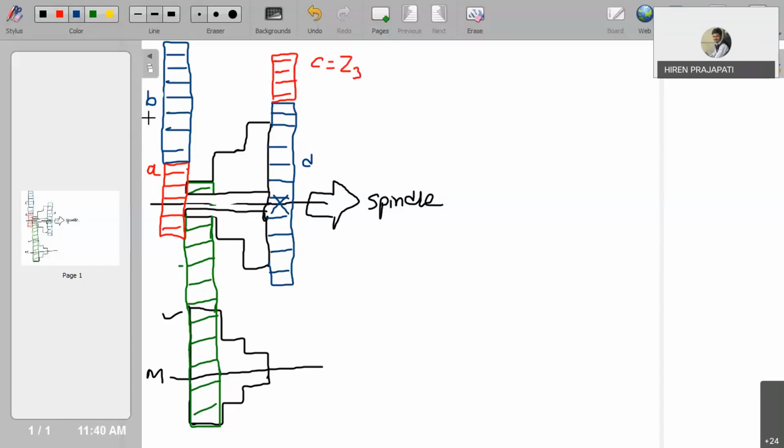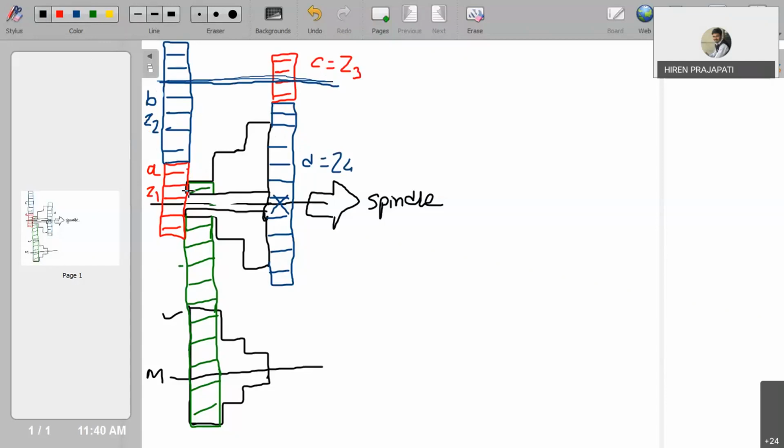B is having number of teeth Z2. A is having number of teeth Z1. So Z1 is equal to Z3 and Z2 is equal to Z4, which are number of teeth on gear D, right? And here now we consider shaft of back gear. So this is the shaft of back gear, right?